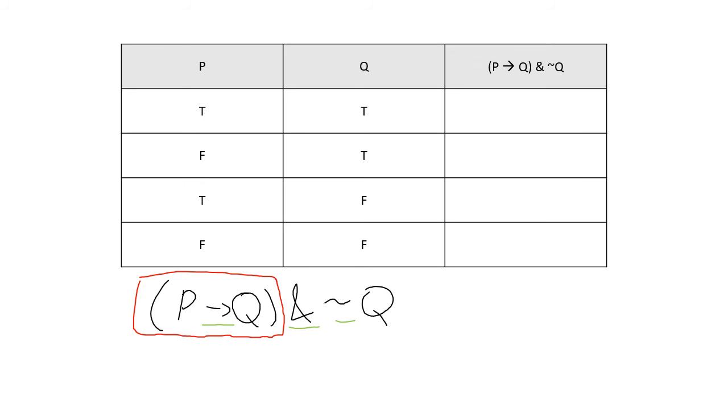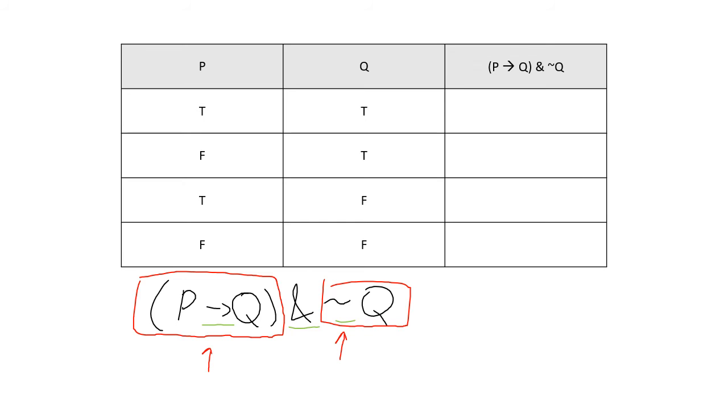So the conditional is just operating over this P and Q inside here. And then this tilde Q is the right side of the ampersand. The tilde is just set over the Q. So we have to do both of those operators before we can do the ampersand here in the middle.